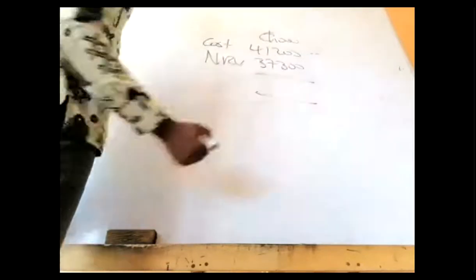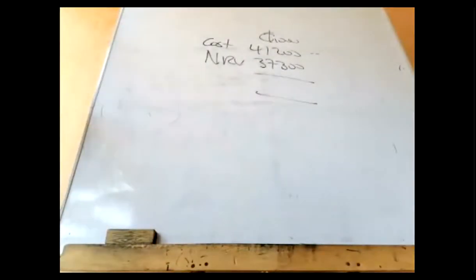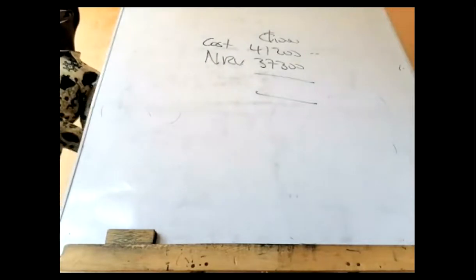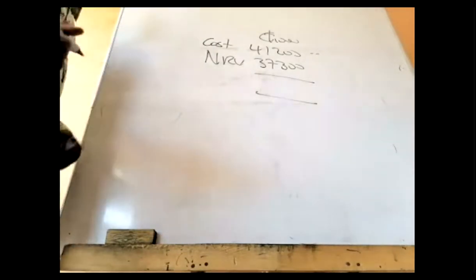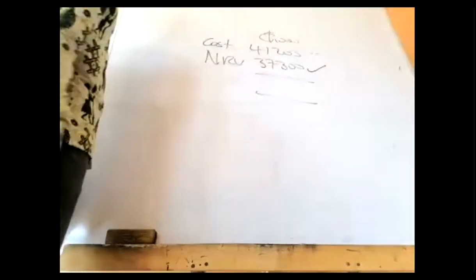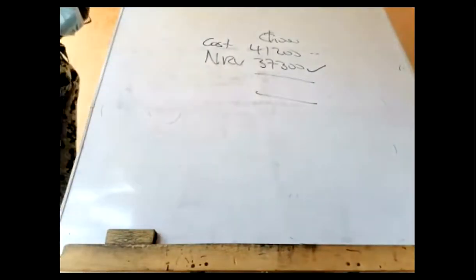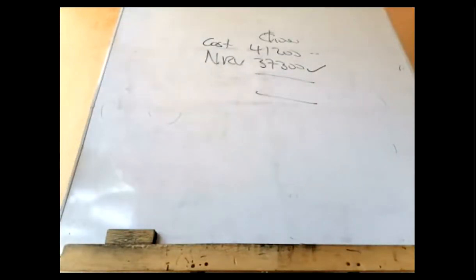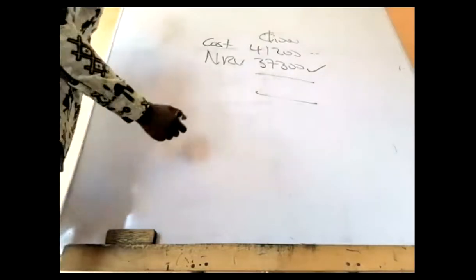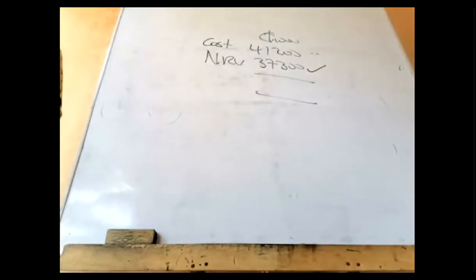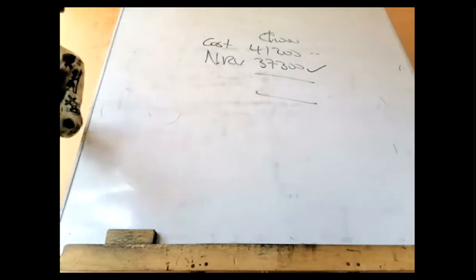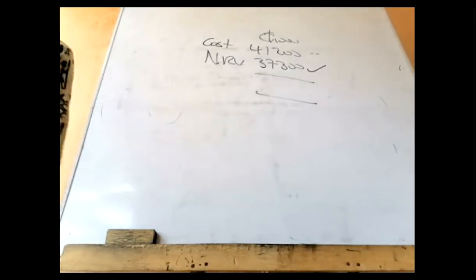So your inventory value should be the lower of cost and what? The NRV. So if I compare these two, NRV is the lower one here, lower than the cost. Therefore, inventory should be written down to the NRV because it's lower among the two.